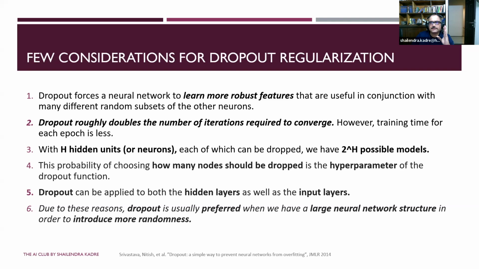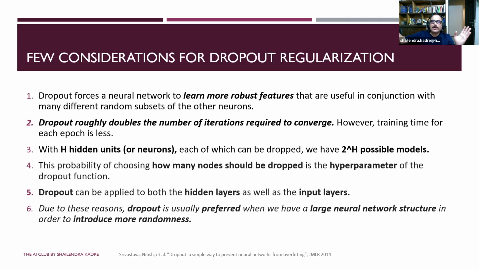Yes, some of the features or input attributes might not get used at all, and you may not want that. In certain conditions it is okay, but under certain conditions you may not want features to be dropped, and in those conditions you apply dropout only to the hidden layer.